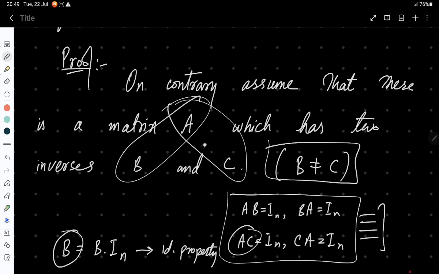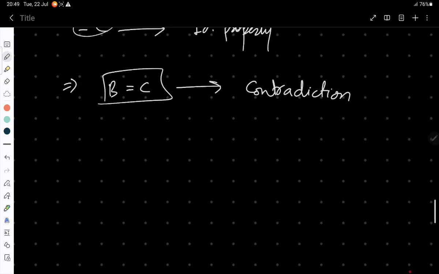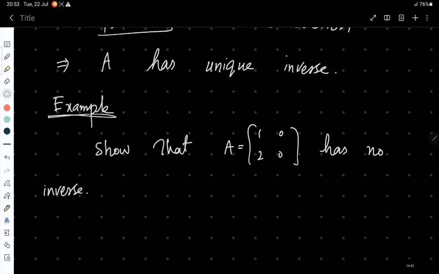That means this assumption is wrong, hence A has only one inverse. This contradiction implies A has a unique inverse, in other words. Hence, the theorem is proved: if a matrix has an inverse, then it is unique.